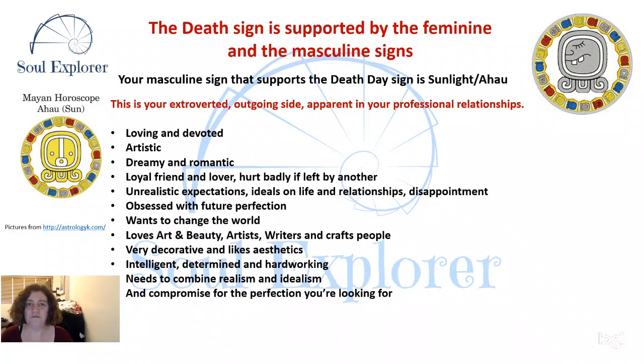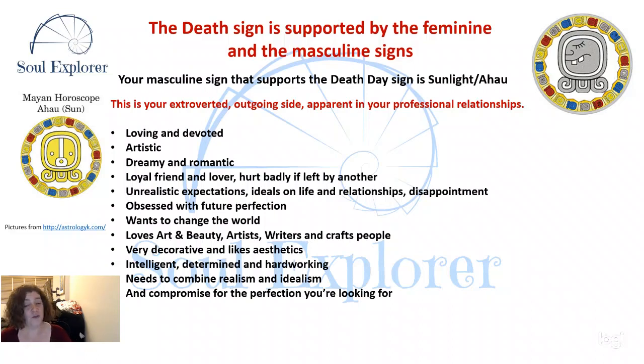And you can end up very disappointed, judging yourself, judging other people, and always having that sense of disappointment of never quite making it. You can be obsessed with this future perfection and this future utopia, because you just want to change the world to be your ideal of perfection and idealism.